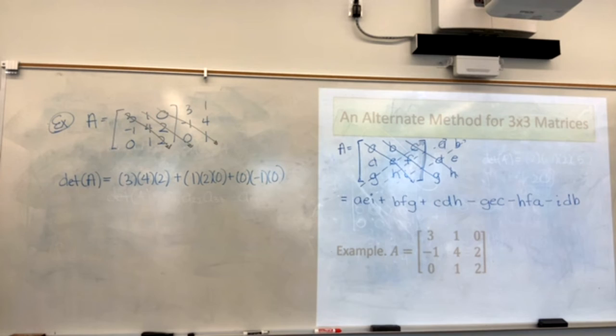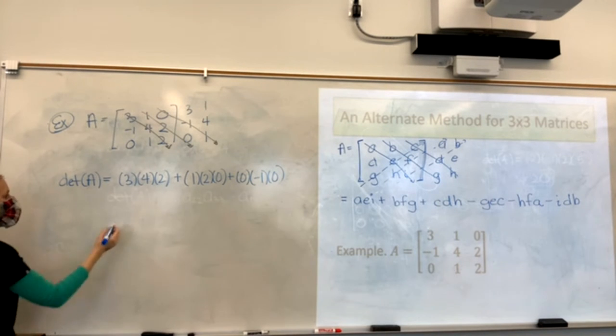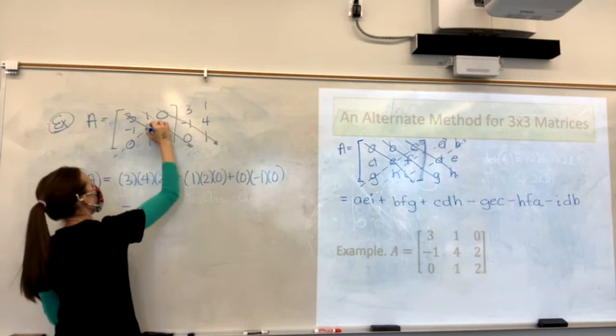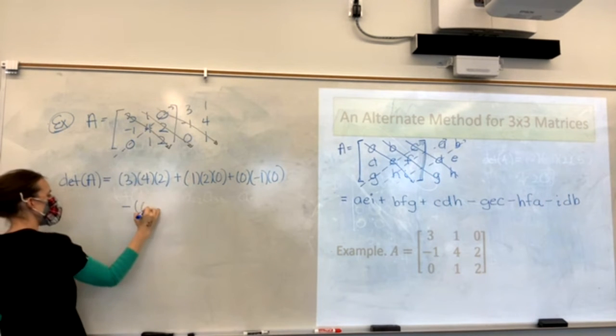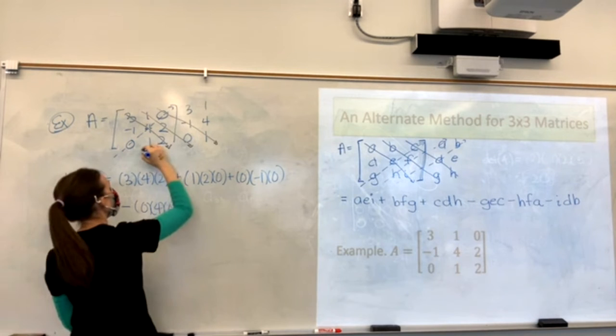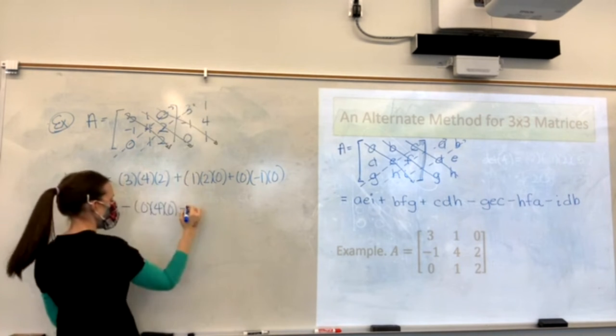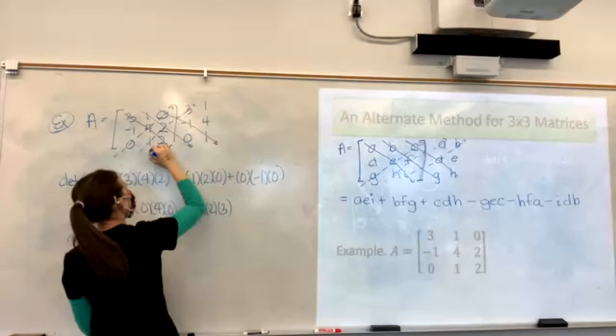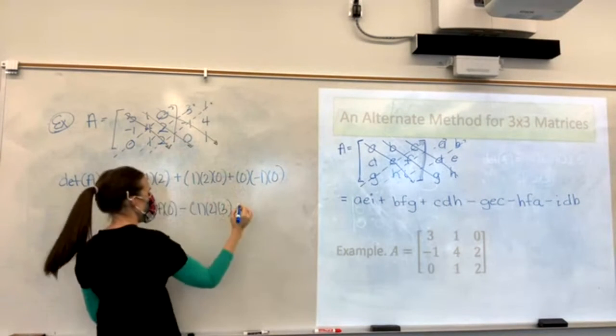So going down those diagonals. And then we're going to subtract going up. So 0, 4, 0 minus 1, 2, 3 minus 2, -1, 1.